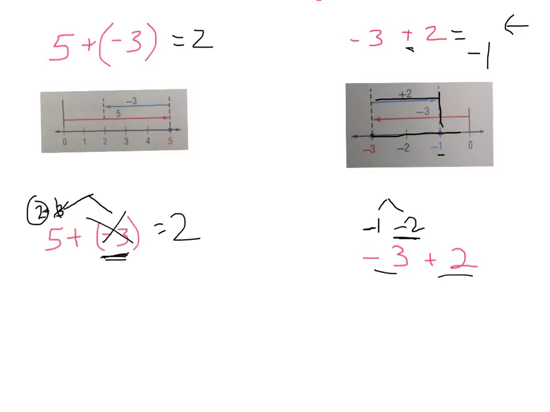Okay, now I could take that -2, and that's the opposite of the +2, so those would equal 0, and I'm left with just this -1. Okay, so it's -1. So either way works.